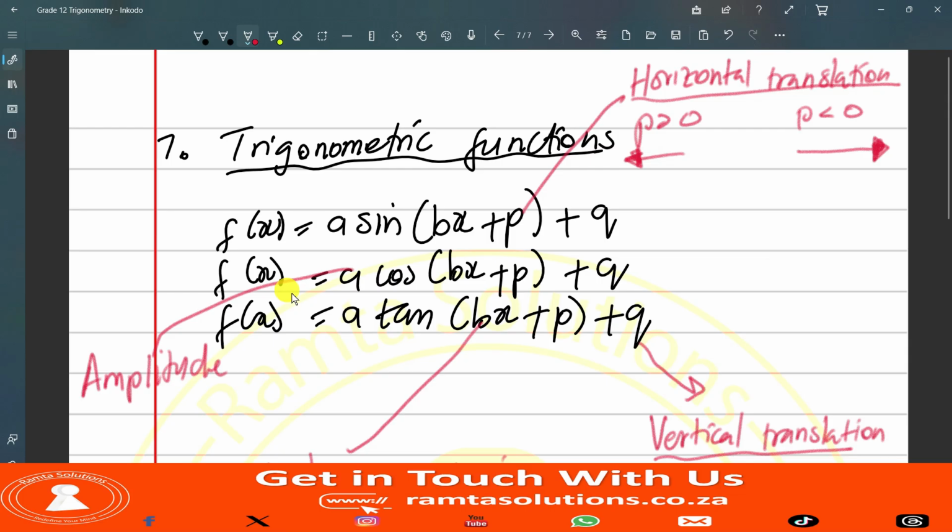So with cosine and sine, this A represents amplitude. The highest and lowest points of a graph could also be derived from this. It can help you derive that, but there's more to it. So this is all we can say about trig functions.